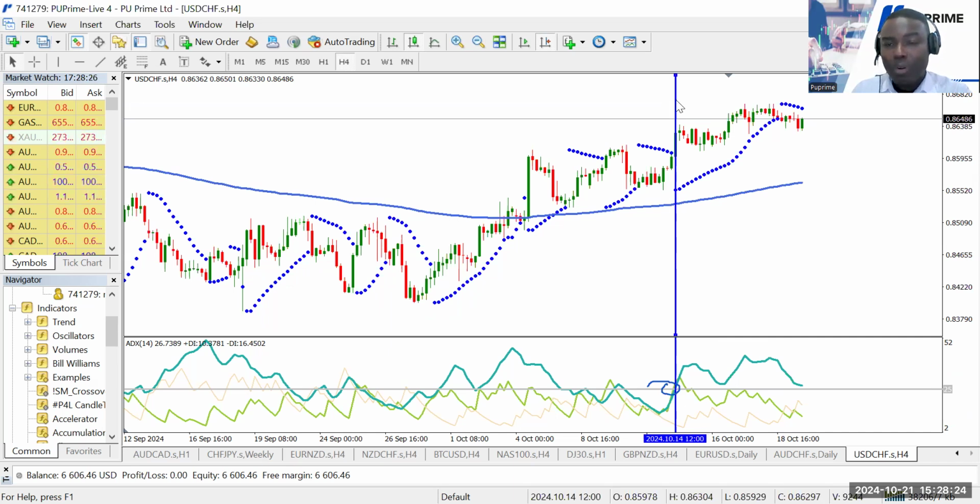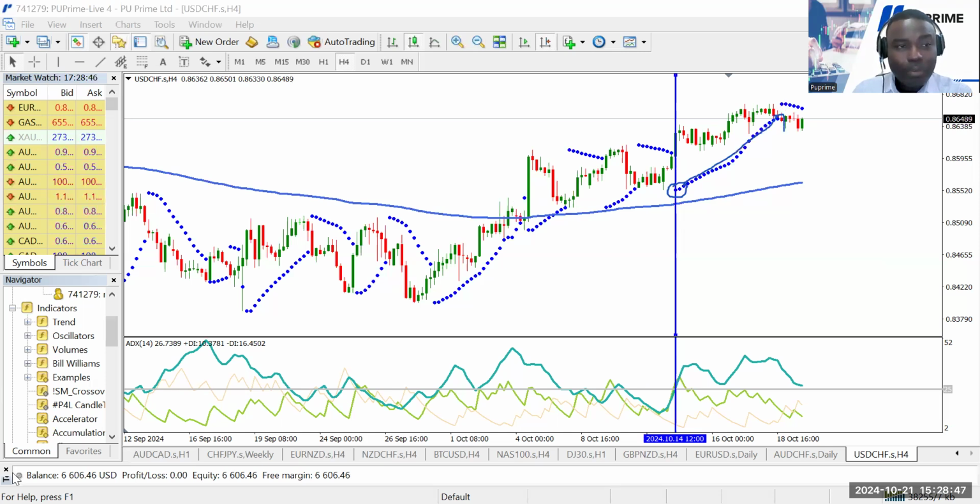The SAR stands for stop and reverse. We can clearly see here that for the moving average, price is already above the 200 moving average. That tells us that price is in the buy zone. And for the parabolic SAR, the dot already crossed from above to below price, and that indicates a bullish movement in price.